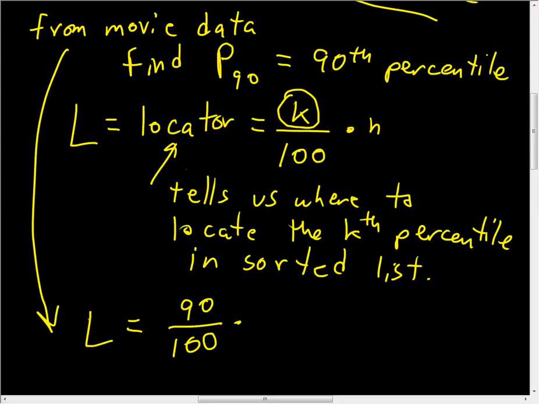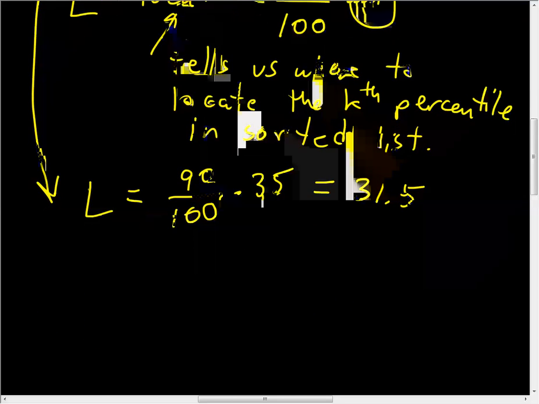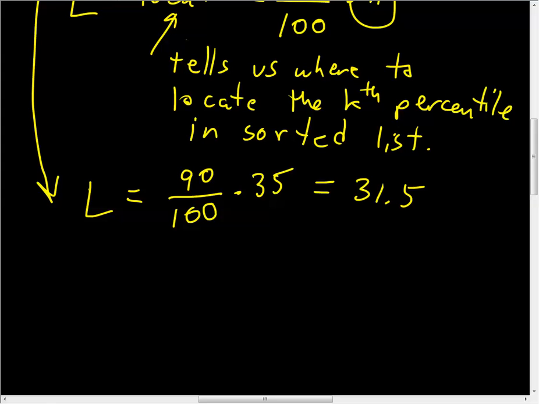That movie data has 35 elements. We grind this out with our calculator, and I get 31.5. There are different rules on what to do with L depending on whether it's a whole number or not.